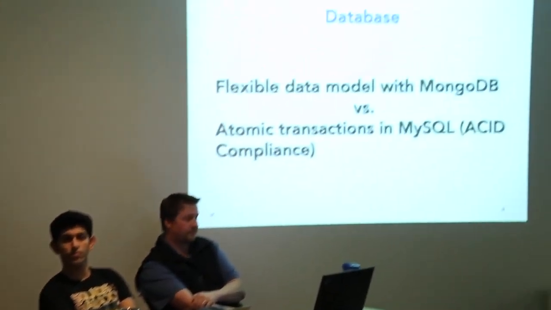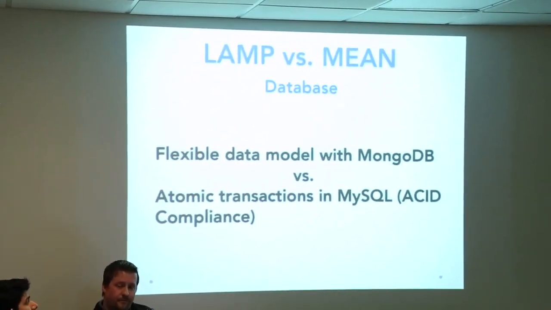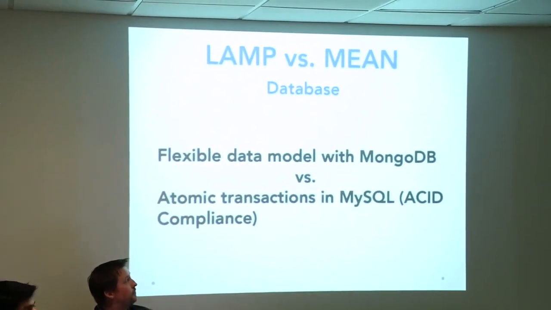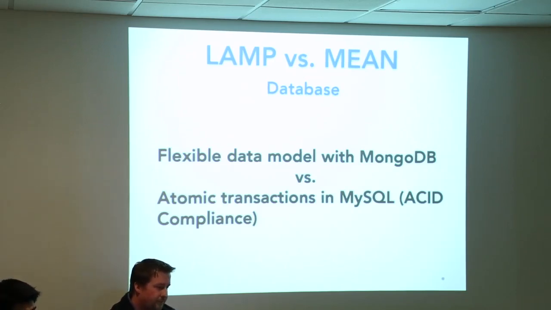Okay, cool. So we talked a little bit about the fact that Mongo has a flexible data model, so it's document oriented, and document doesn't mean like a Word document. A document is a data structure that they use, and it's flexible.